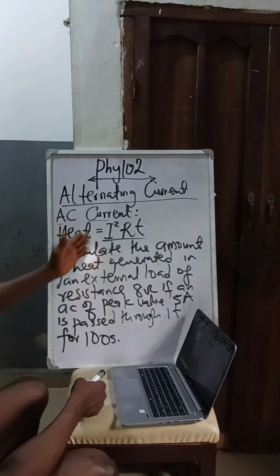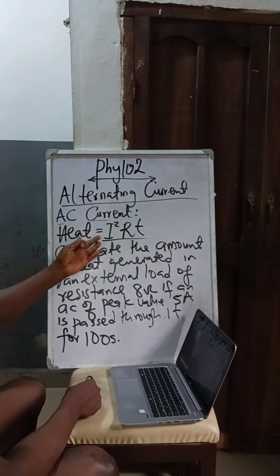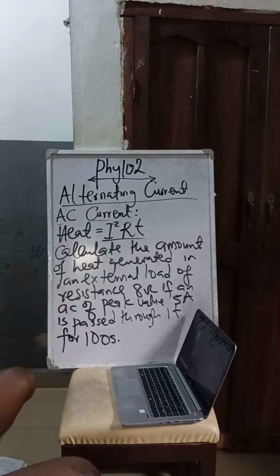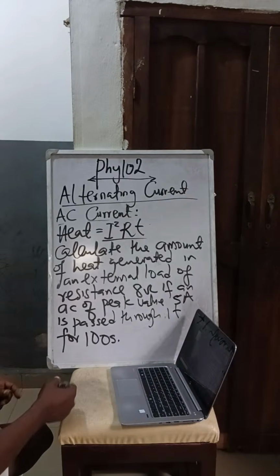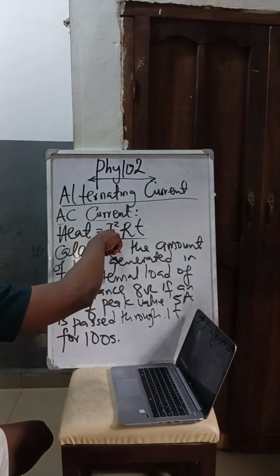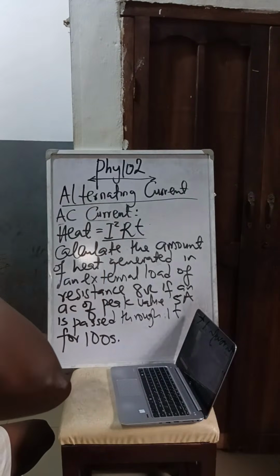You have the formula for heat. Formula for heat is I squared RT. So I can leave you to solve the question and let's see how you can get the final solution to that. Take note, this current here is not IRMS. While solving this question, don't ever use this current that you are seeing here as IRMS.